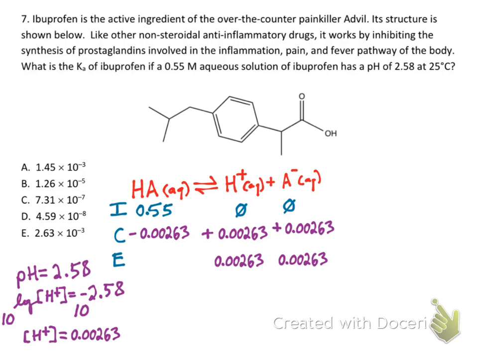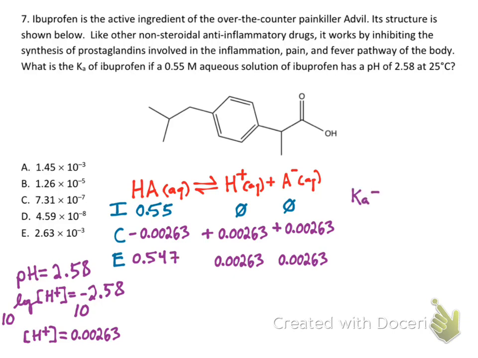If we subtract the 0.00263 from 0.55, we end up getting 0.547, which within our realm of precision is basically the same thing as 0.55. That being said, we don't necessarily know if this is going to be on order of 10 to the negative fifth or less, so it can't hurt to do it, but it's not going to change our calculations. We could plug in the 0.55 or the 0.547 and still get the right answer.